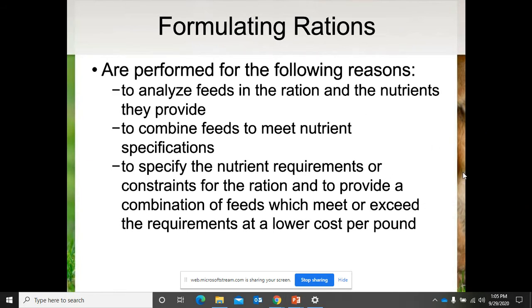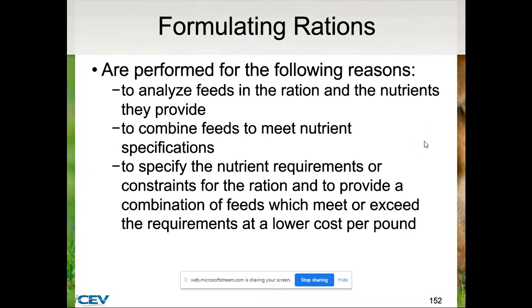So we talked about balancing rations. Now we're going to talk about formulating them. It's performed for these reasons: to analyze feeds in the ration and the nutrients they provide, combine feeds to meet the nutrient specifications, to specify the nutrient requirements or constraints for the ration, and to provide a combination of feeds which meet or exceed the requirements at a lower cost per pound.